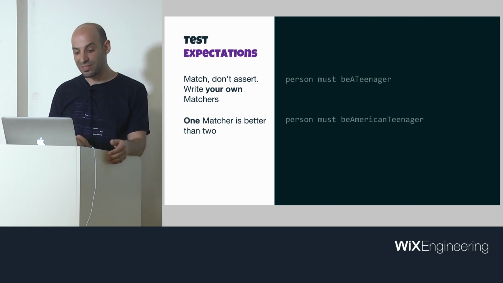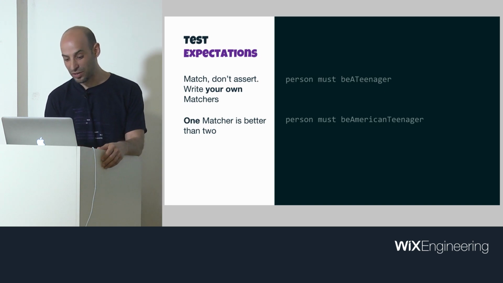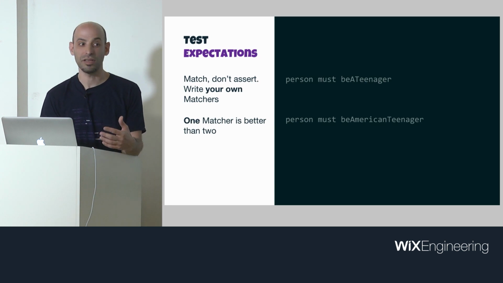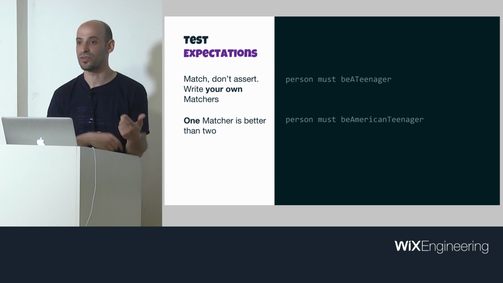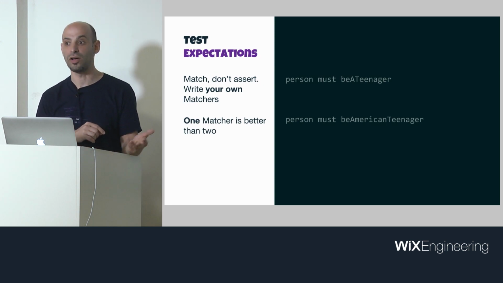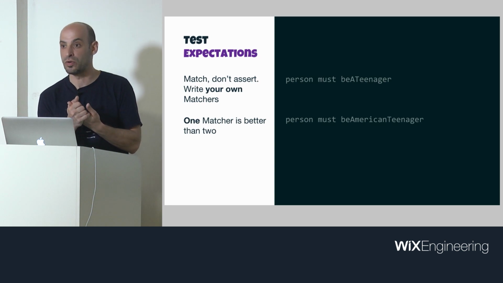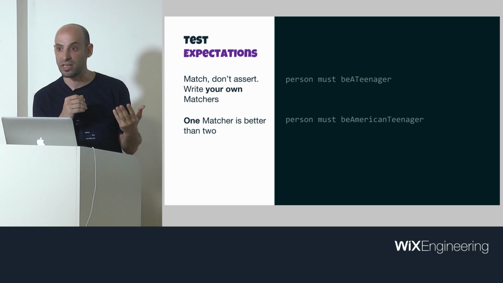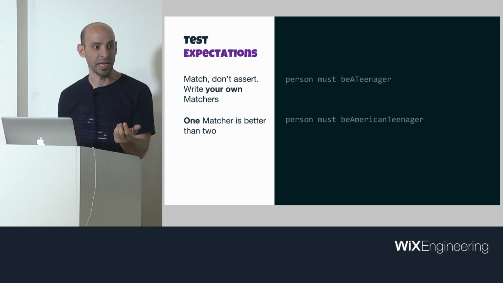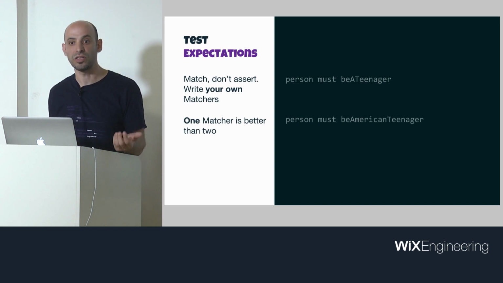The second one, that I mentioned earlier, is to use just one matcher or try to compose a few matchers. Like in this case, someone would assert that the user has age between those ages, and also the location is USA. So why not say it in just one sentence? If you try to write just a single matcher that expresses the behavior, it's going to be easier for someone to know what you're matching.